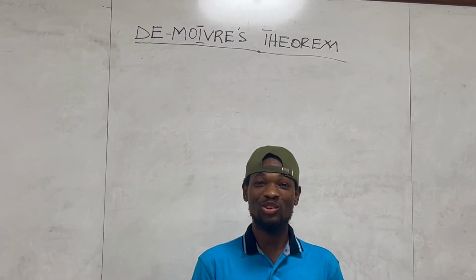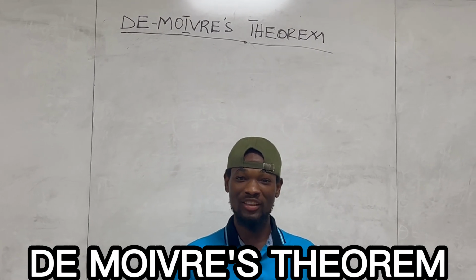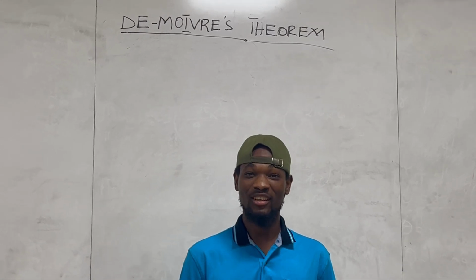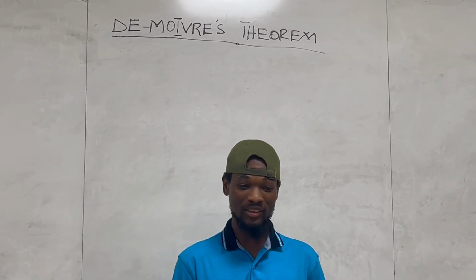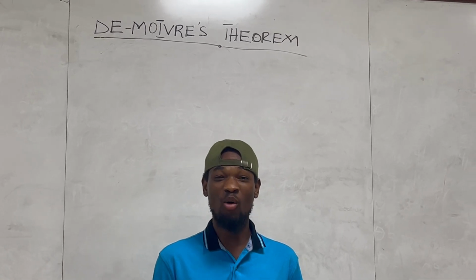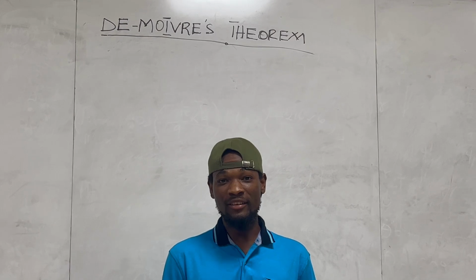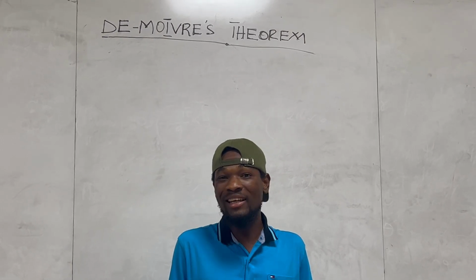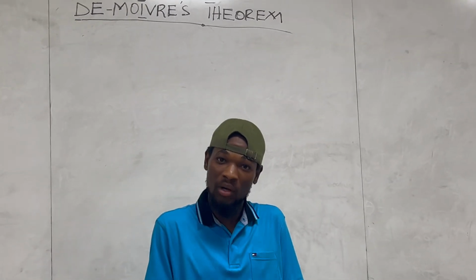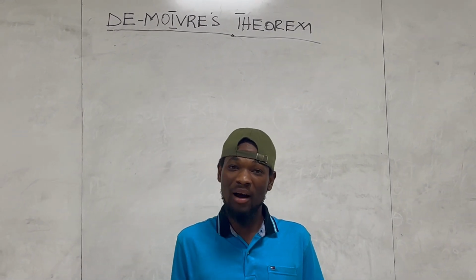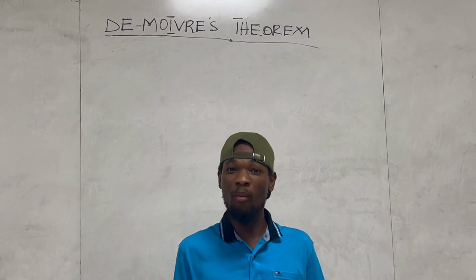So today we are going to talk about de Moivre's theorem. It's the name of a scientist, okay? So what is the concept behind de Moivre's theorem? You will be given a complex number either in the rectangular form or the Cartesian form. You can also be given the complex number in the polar form or the circular form.